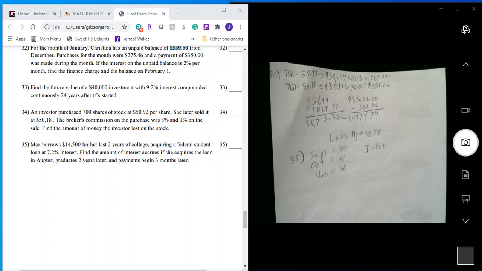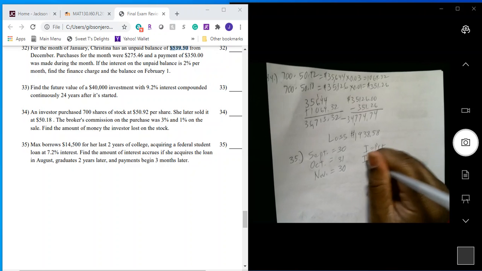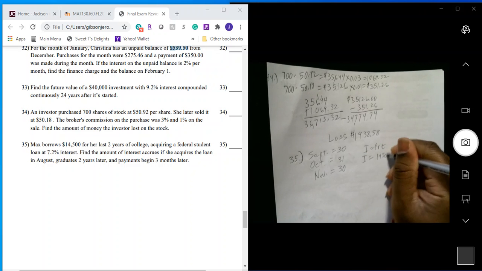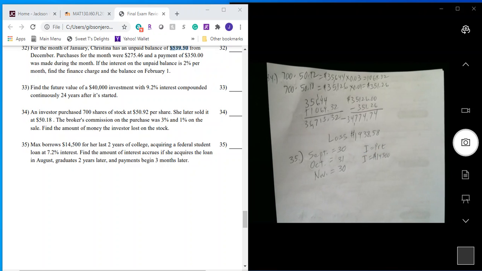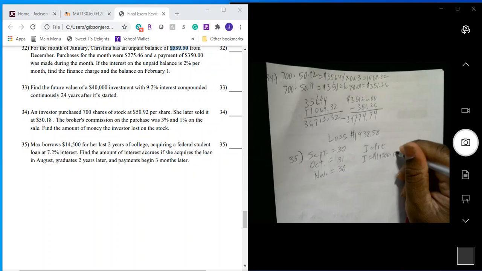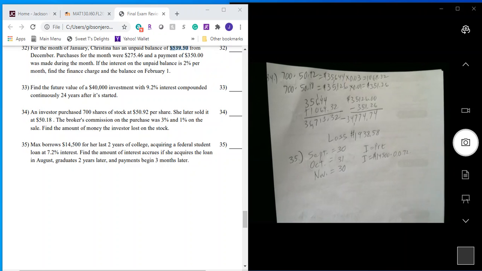The principal in this problem is $14,500. The second thing is to multiply by the rate. The rate is 7.2%, so it'd be 0.072. And then we can also do the time. We'll just do 1 year.